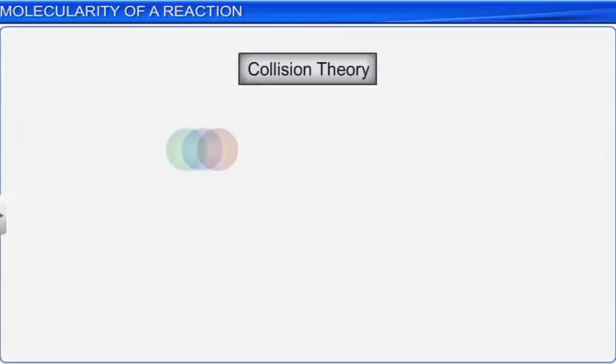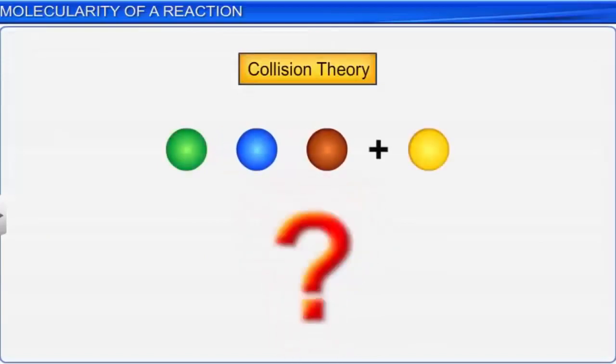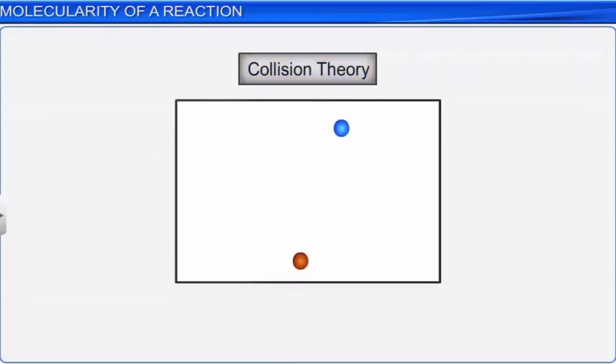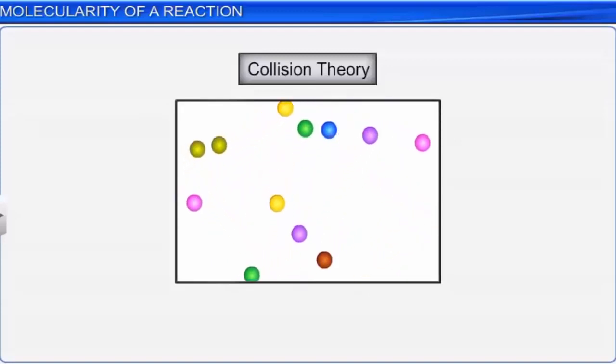Now let us understand how the collision theory explains the reactions which involve more than three molecules. Collision theory states that as the number of reacting species or molecules increases, the probability of simultaneous collision of reacting molecules decreases.